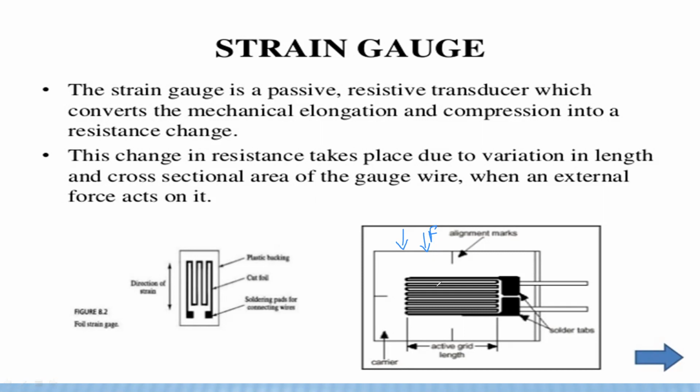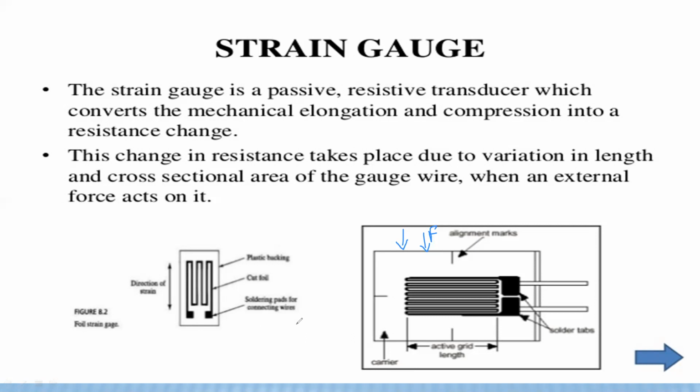You can see the soldering pads for connecting wires. In this way we can develop resistance by using a Wheatstone bridge circuit. By using that Wheatstone bridge circuit we can develop the resistance, and also how much voltage is generated in that particular area is calculated.